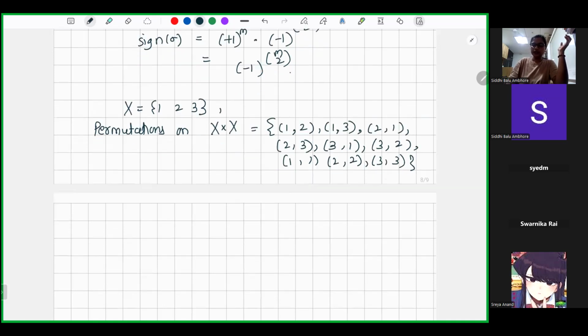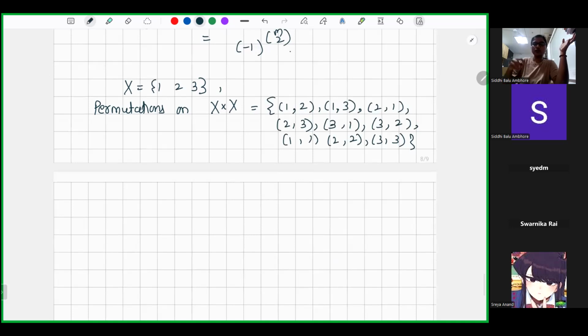And the permutation is that (x,y) is going to (y,x). That's my permutation here. So this is my x cross x, and my permutation is this now. If I arrange them like this, (1,1), (1,2), (1,3), and so on, it is this permutation now. (1,1) stays because x goes to itself.